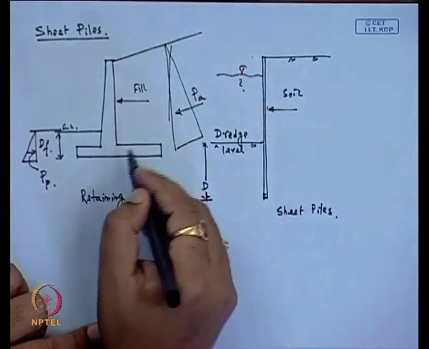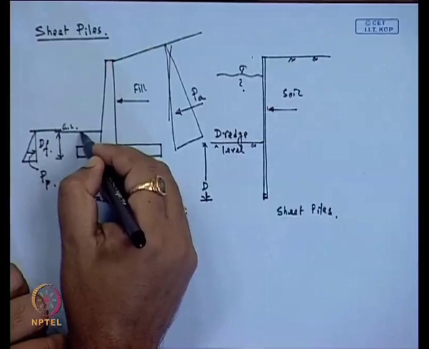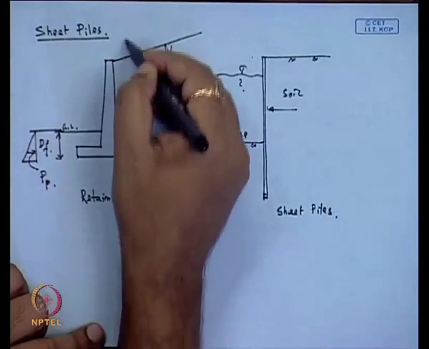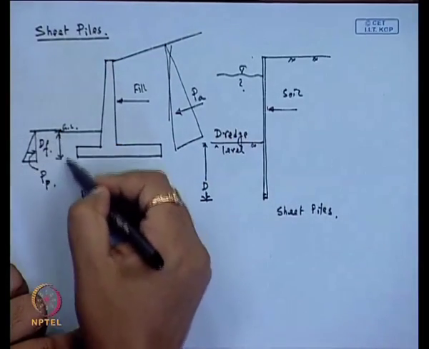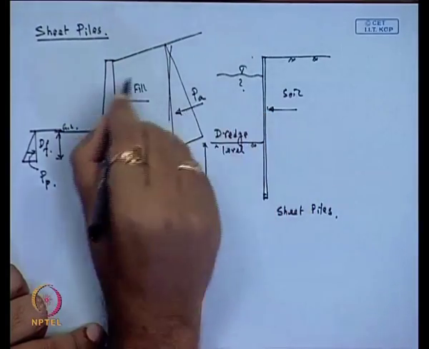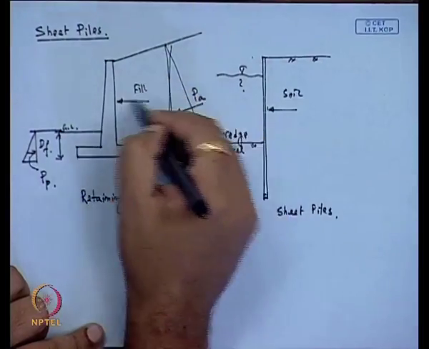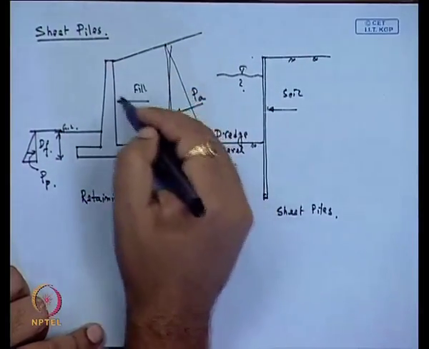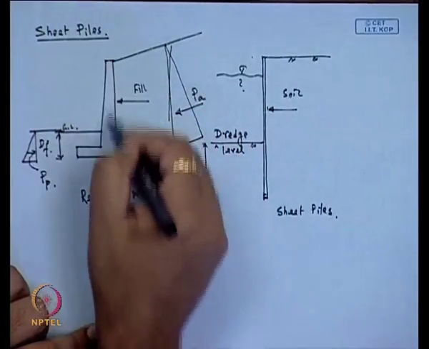During the design also, as the depth of this retaining structure foundation is very small compared to the height of the retaining wall, sometimes we neglect this passive resistance, and we design by considering the active pressure only. But here, this active force is resisted by the retaining wall itself.